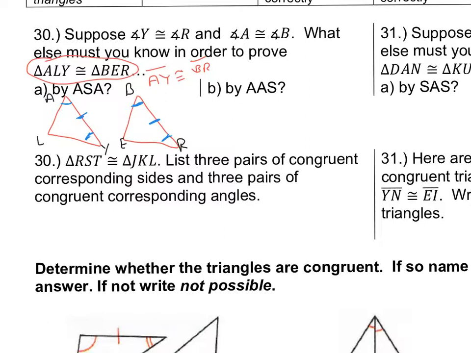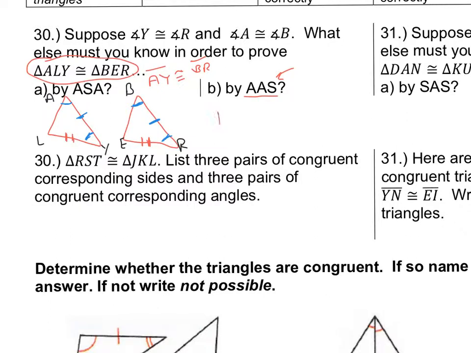For part B, we want to use AAS, and that is the two angles and a side not between them. So for part B, I could choose either side ER at the bottom, I'll use double marks there, or I could choose the side over there on the left.